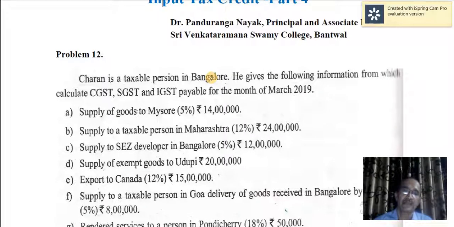Whereas if it is interstate supply, then IGST has to be calculated and it should be included in the total GST. He gives the following information from which calculate CGST, SGST and IGST payable for the month of March 2019.